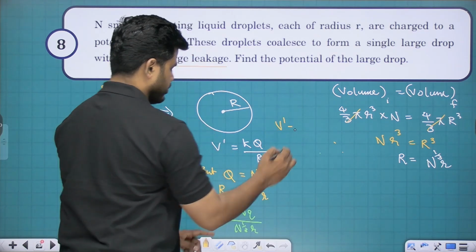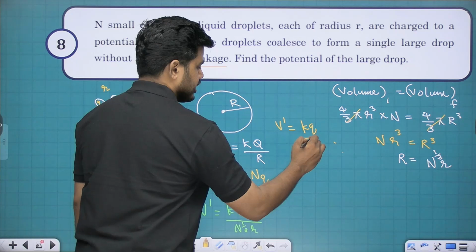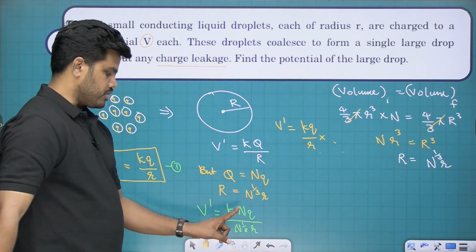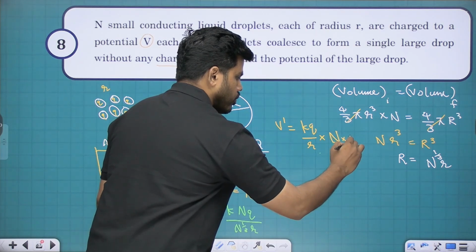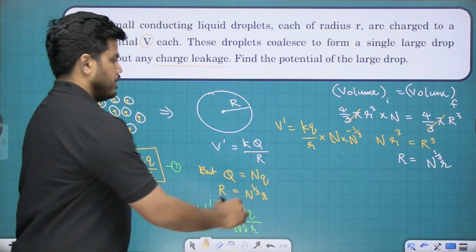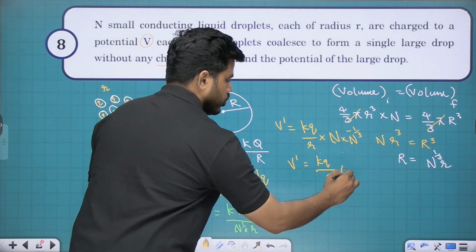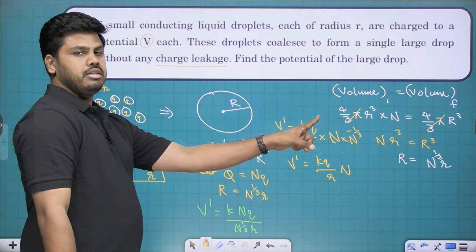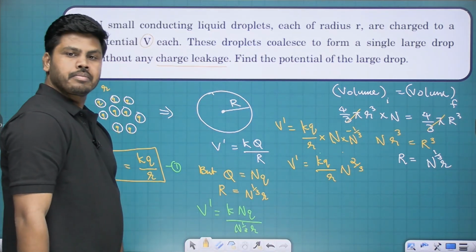V' is equal to kq by r into n in the numerator and n^(1/3) in the denominator, so n raised to 1 minus 1/3, which is 2/3.